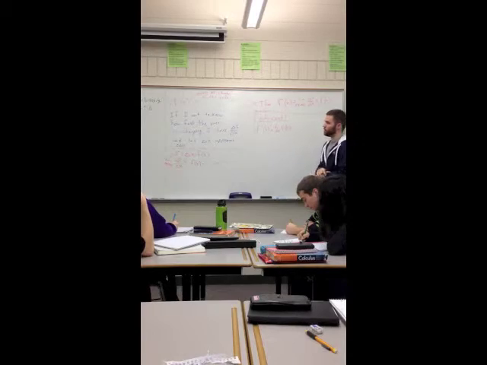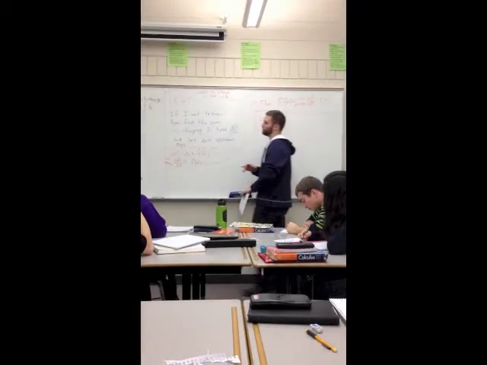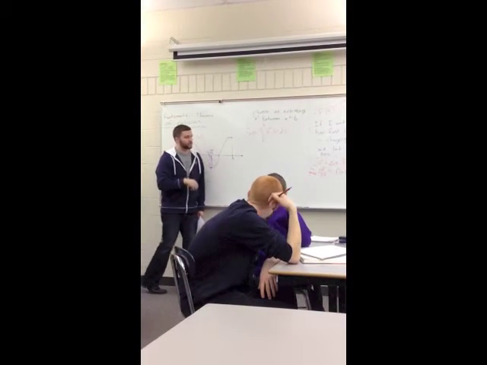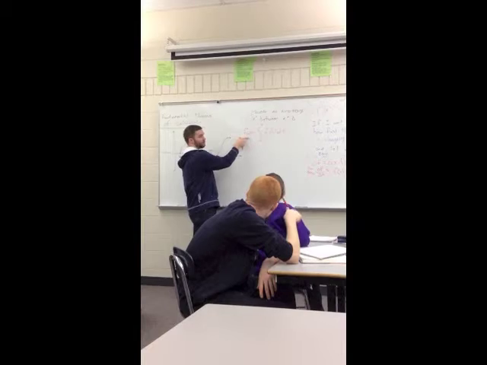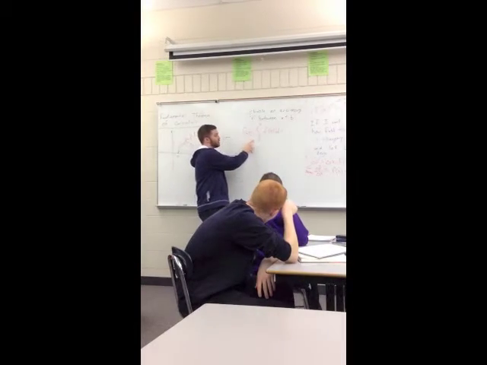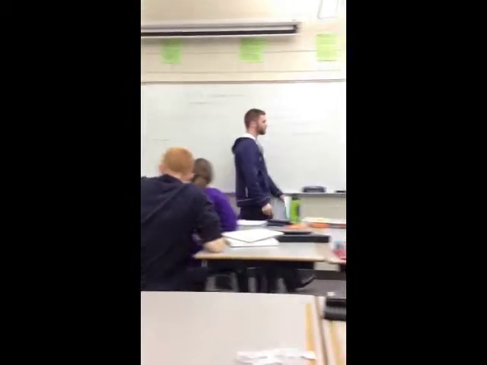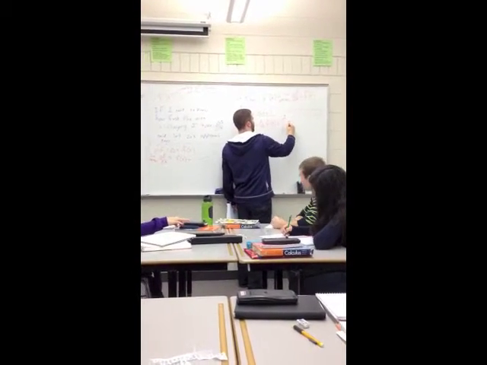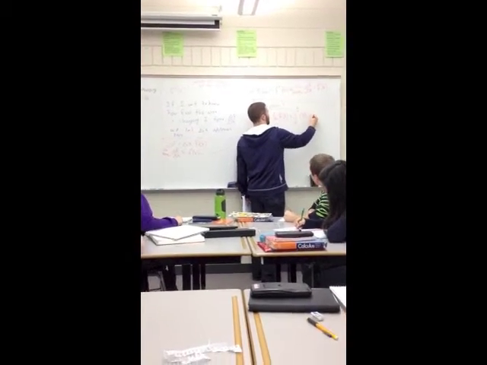Remember way back at the beginning, we established big F of x was this integral, the area under the curve. So if I want to take the derivative of big F of x, I'm actually taking the derivative of this integral, the integral from a to x of f of t dt.